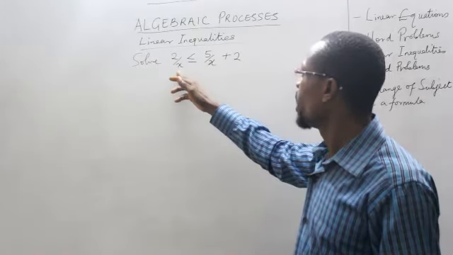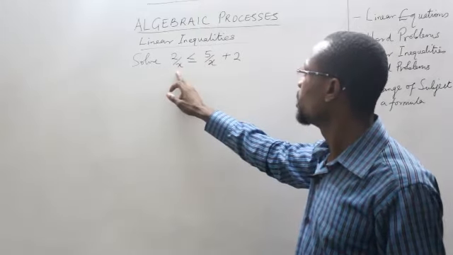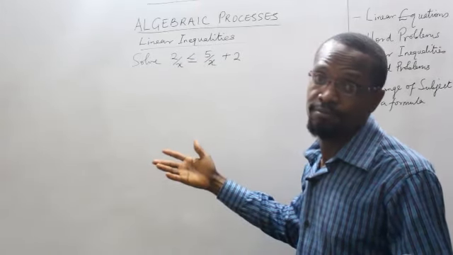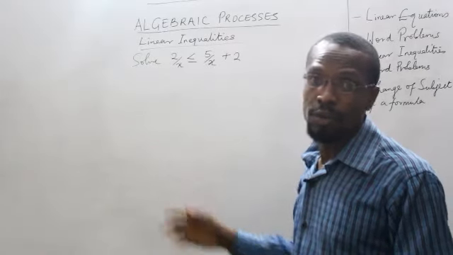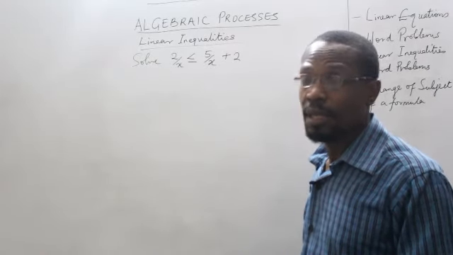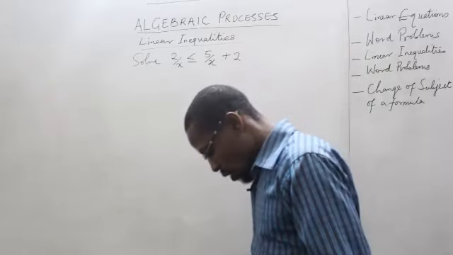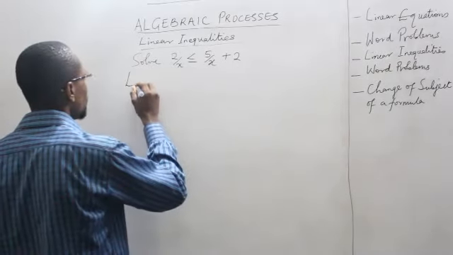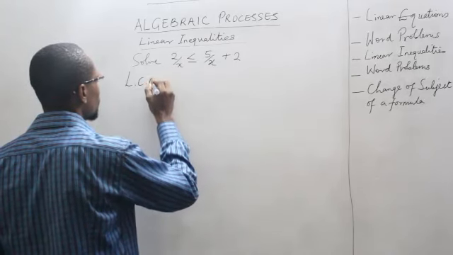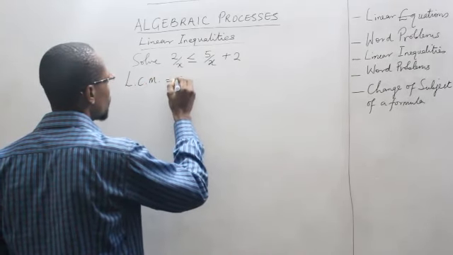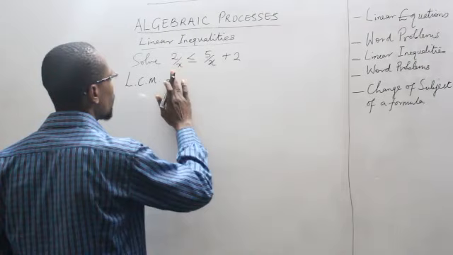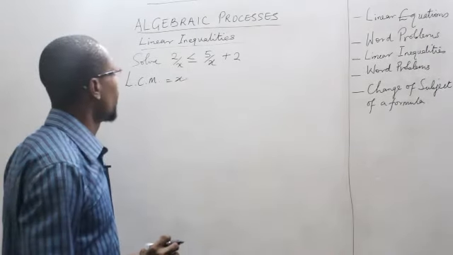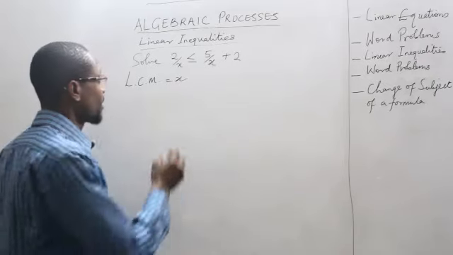Simply, we have only one denominator, and that is x on both sides. So our LCM is x. So what do we do? Our LCM is x, so we multiply through by x.